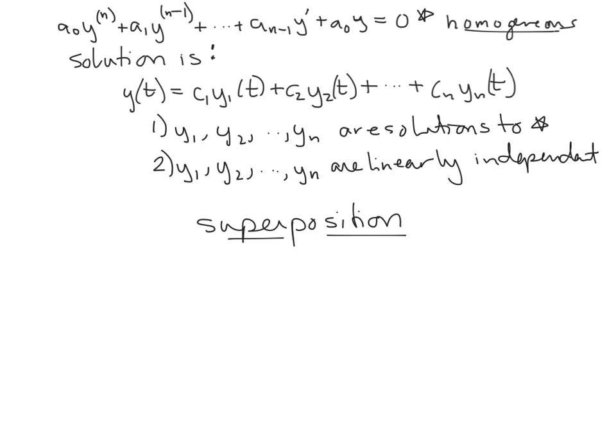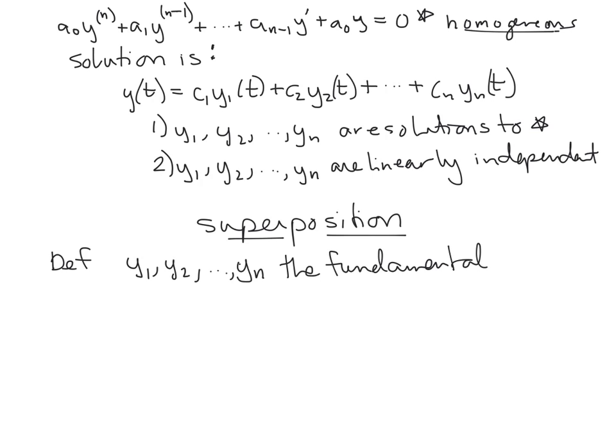And then one other kind of definition that we need here is that if y1, y2, up to yn are solutions, and if all of those functions are linearly independent, then we say that y1, y2, up to yn are the fundamental set of solutions. Okay, that's the fundamental set of solutions.